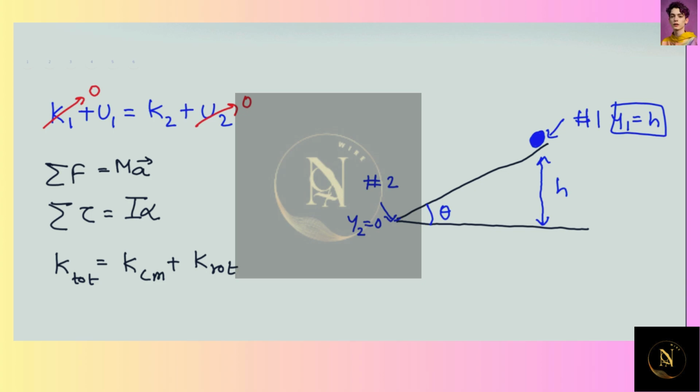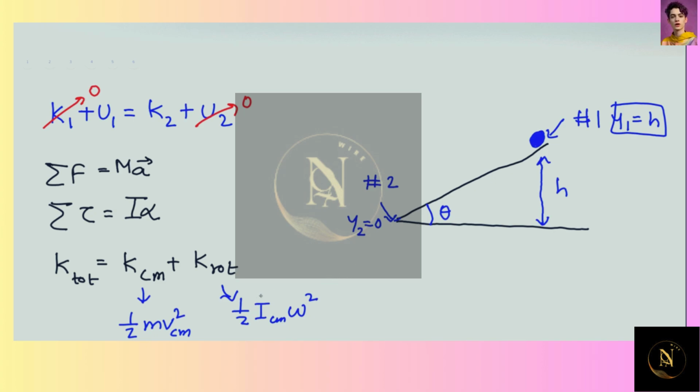The translational part is easy. It's just half of mv squared, where v is the velocity at this point, so let's call it vcm. And the rotational part is just half of I cm omega squared, where omega is the angular velocity at this point. So we can combine all those together and see what we get.